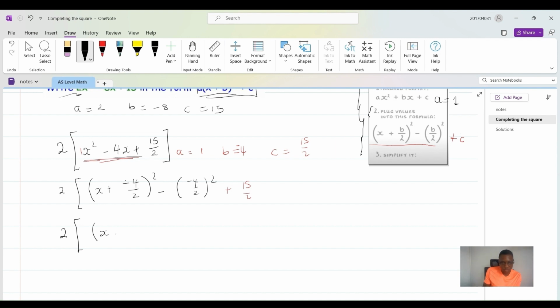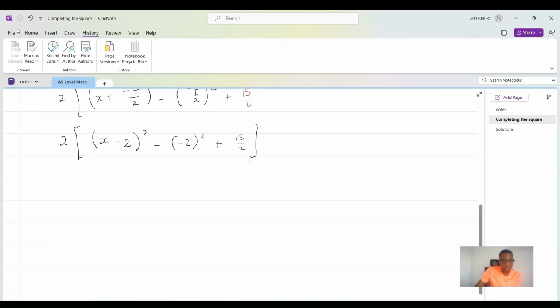So that's going to give us negative 2 here. Then we close the bracket, square. Then we put back our minus. Then here what we have, negative 4 divided by 2, we're going to have negative 2. Then we square. Then plus this constant, still here, 15 over 2. We close the square bracket.